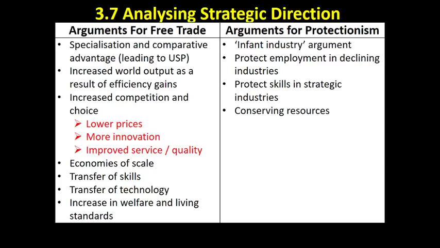Well, number one important argument is that we gain from comparative advantage, we gain specialisation. In the UK, we're considered to be quite specialised in the production of financial services. We have a history of stockbroking in the City of London, in banking, in insurance, and we've become quite good at that over the years.